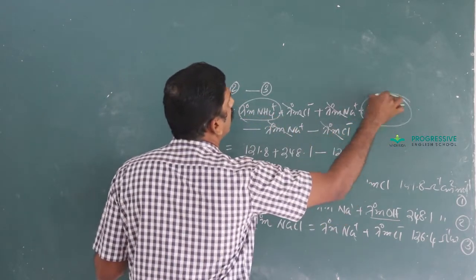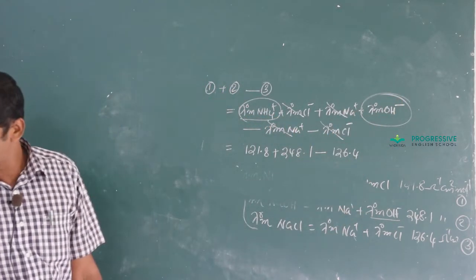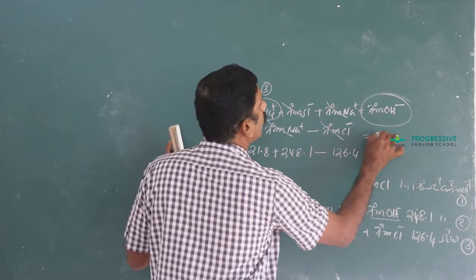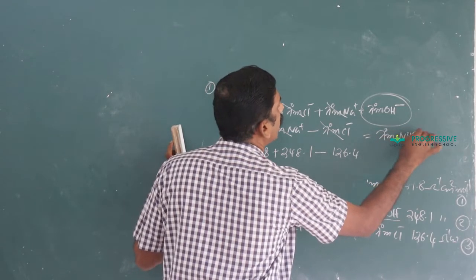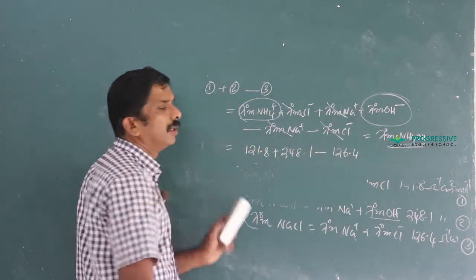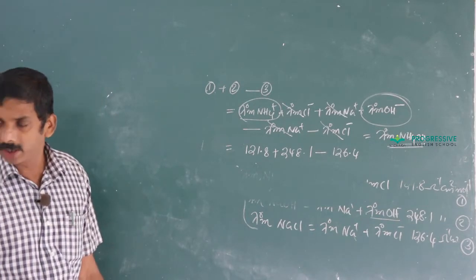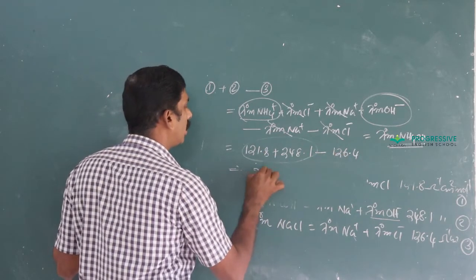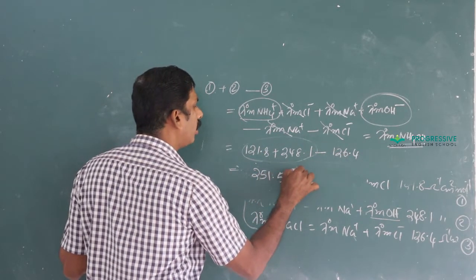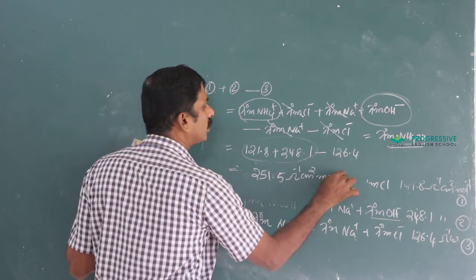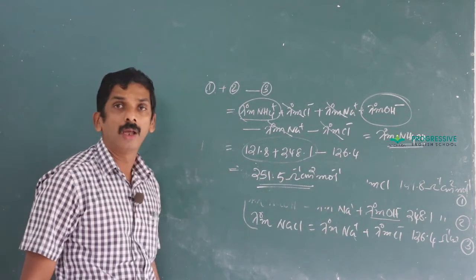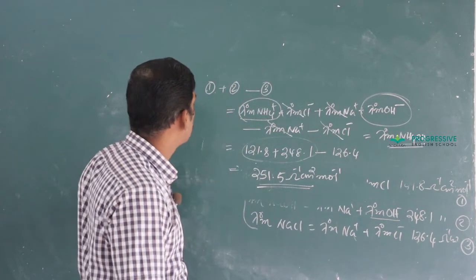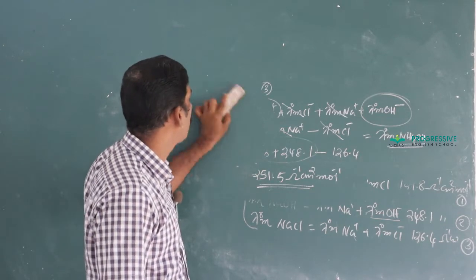The remaining thing is lambda 0 NH4 plus plus lambda 0 OH minus, that is equal to lambda 0m NH4OH. The final value of equation 1 plus equation 2 minus equation 3 becomes 251.5 ohm inverse centimeter square mole inverse, which is the lambda 0m value of the weak electrolyte ammonium hydroxide.